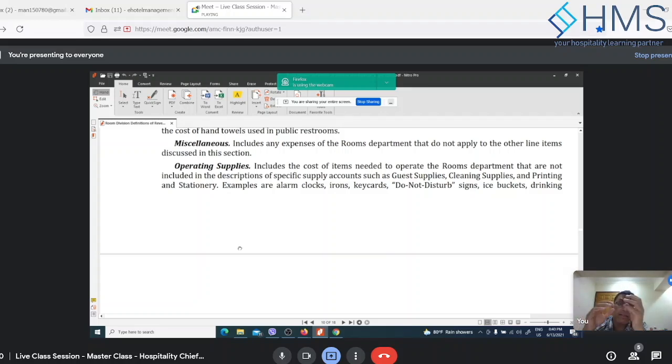But these are equipments which are not part of your fixed assets as well, because clocks, irons, key cards, do not disturb signs, ice buckets are not high cost items to put into the capex, but low cost items. You have to replace them quite often because they get damaged after heavy use, right? So the life of these things is not really very high.